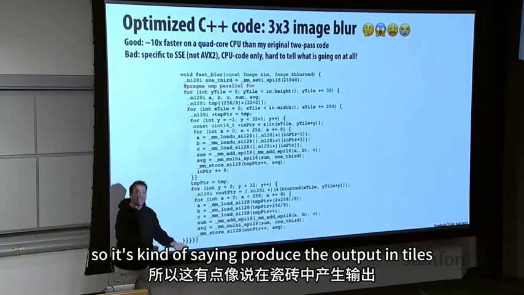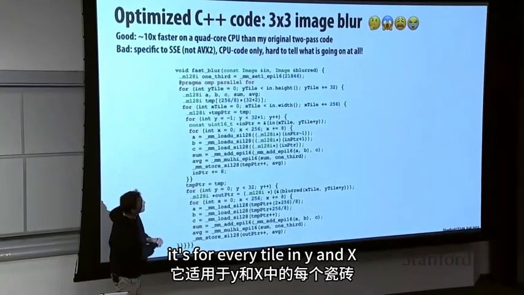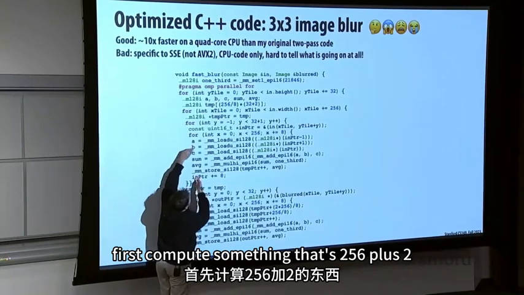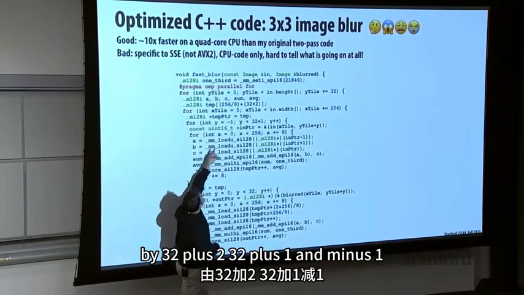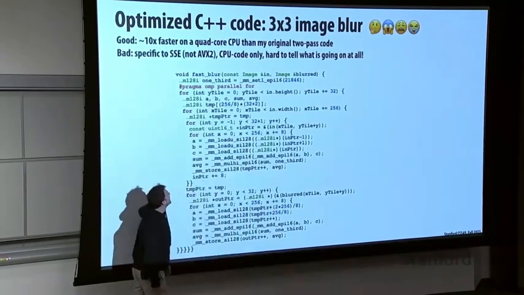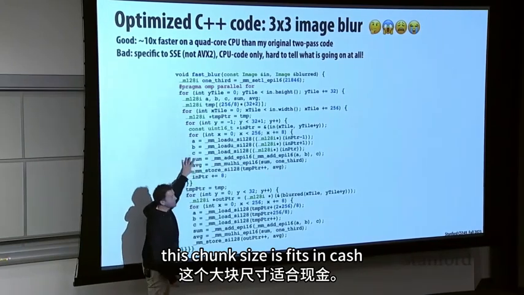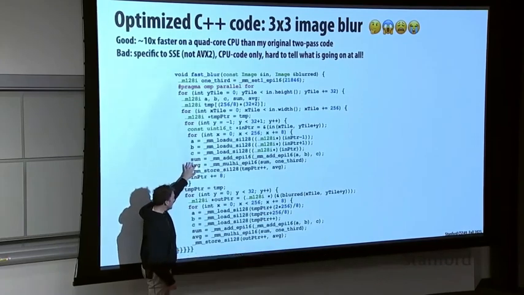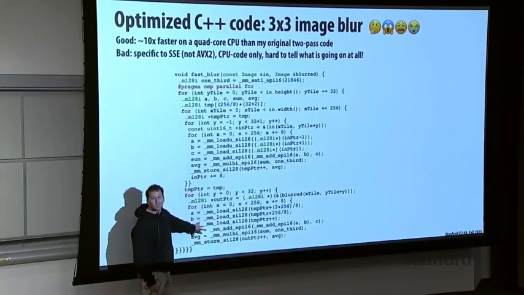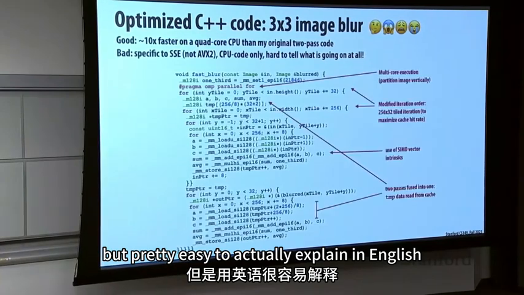So it's kind of saying produce the output in tiles. And if you look at the outermost loops, it's for every tile in Y and X, first compute something that's 256 plus 2 by 32 plus 2. Produce that using SIMD instructions. This chunk size fits in cache. And then take that chunk and produce the output. Would have been hard to see, but pretty easy to actually explain in English.